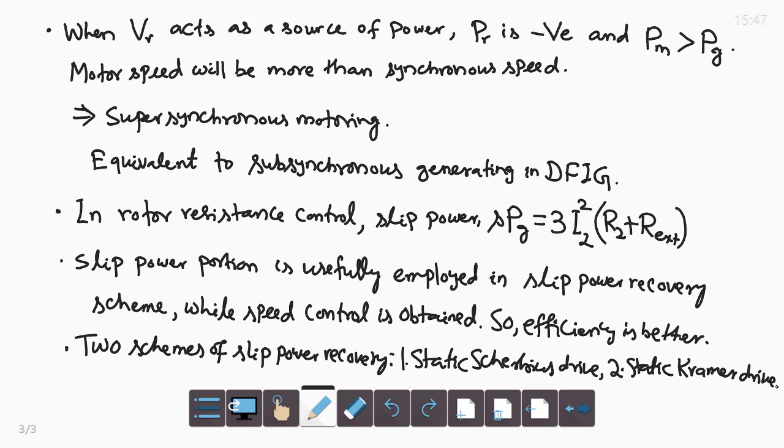We will discuss the static Scherbius drive and static Kramer drive and how the slip power is used to control the speed of the induction motor.